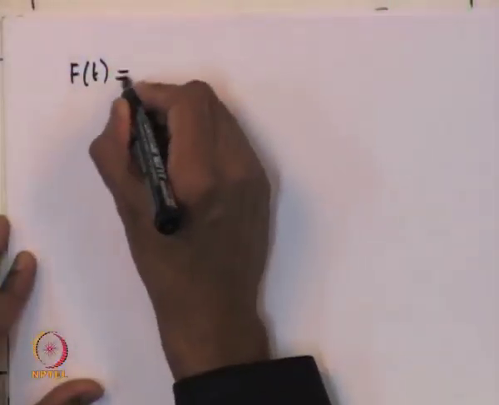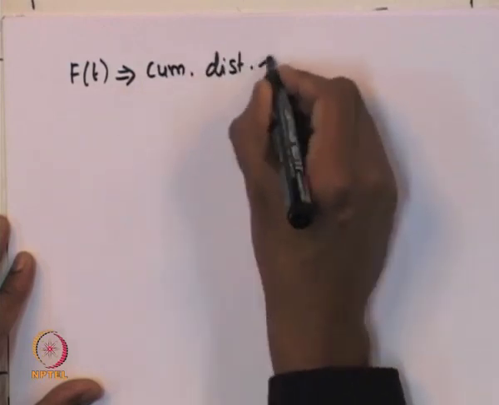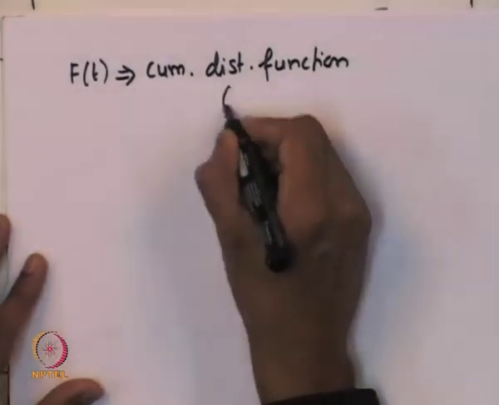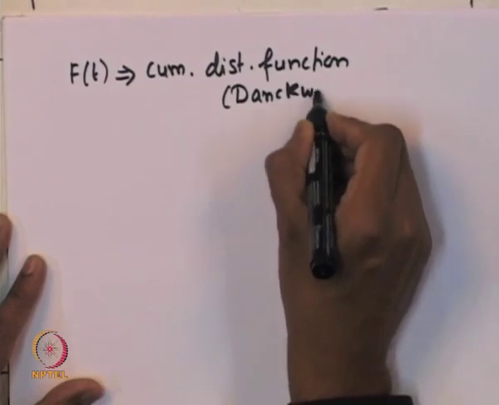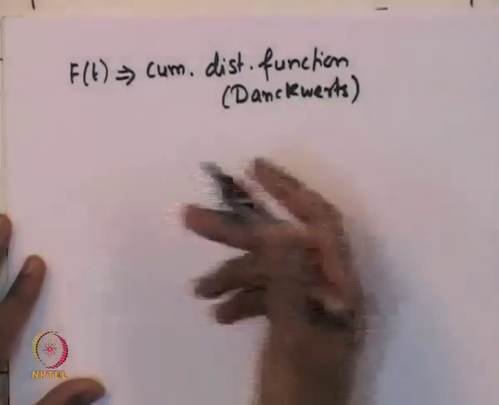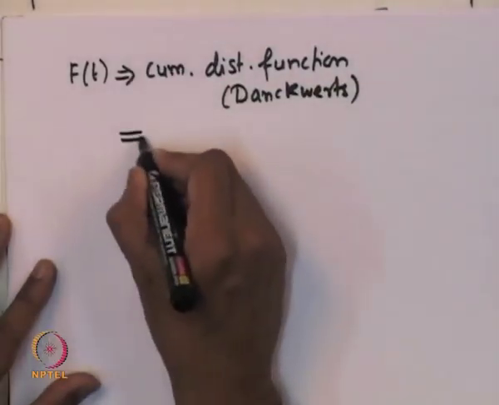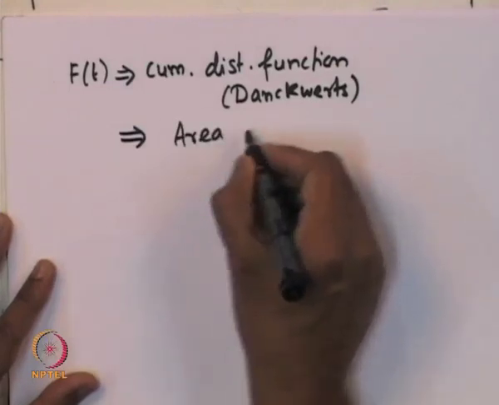F(t), as mentioned earlier, is nothing but a cumulative distribution function, and such a definition was given by Professor P. V. Danckwerts, who came up with this name for F(t). It is basically the area under the E curve, as we can read from the integral.